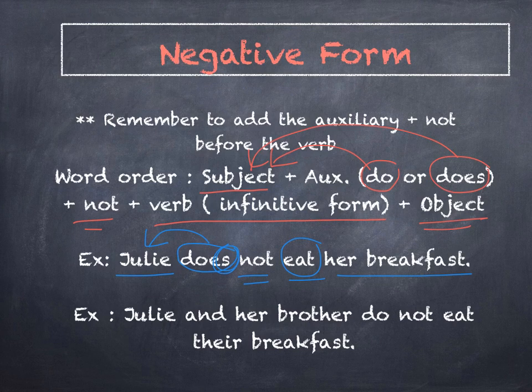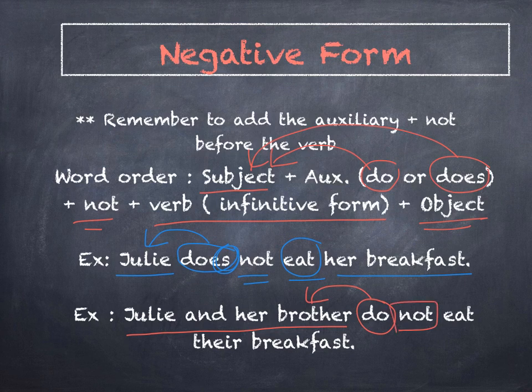If we take the second example, Julie and her brother, so we remember that we could replace Julie and her brother by they if we wanted to. So the subject is plural. That's why I chose do instead of does to make the agreement with my subject, Julie and her brother.